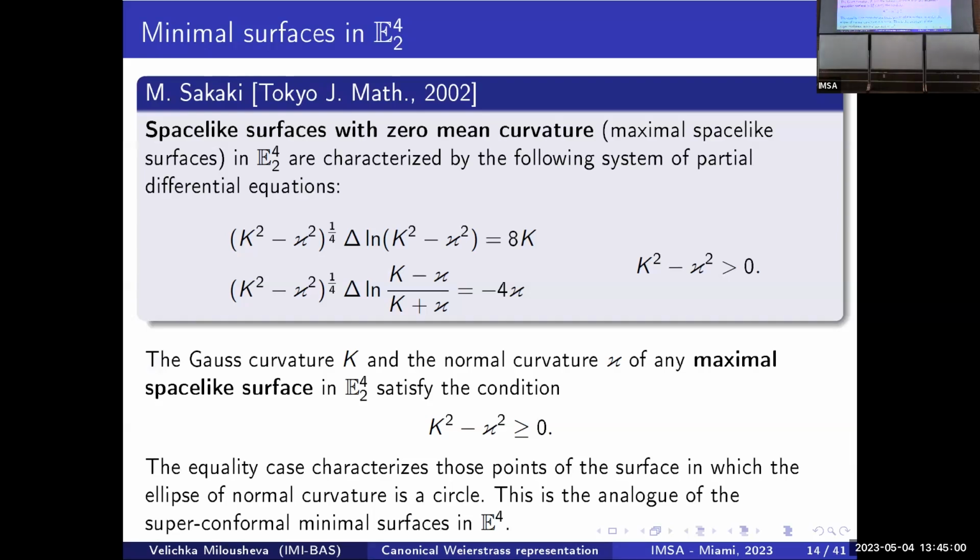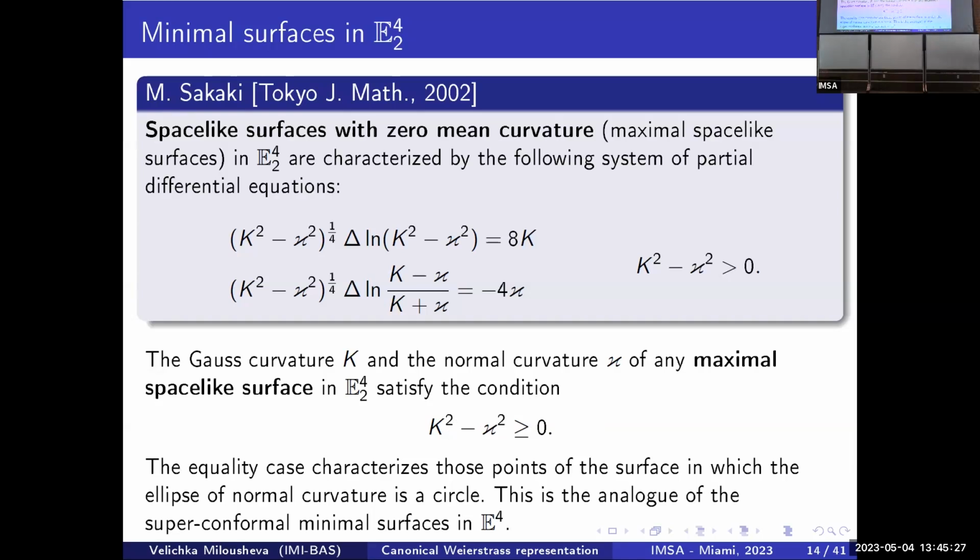And we have a similar system of partial differential equations for the main invariants, the Gauss curvature and the normal curvature. And here we have that all space-like surfaces with zero mean curvature satisfy this condition: K squared minus kappa squared is greater or equal to 0.